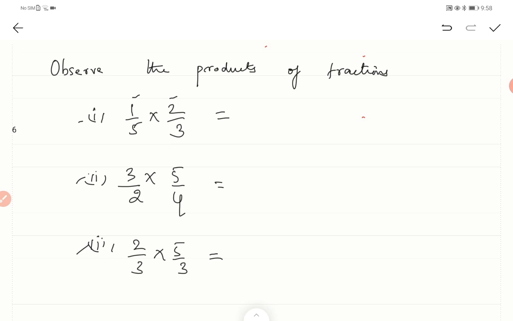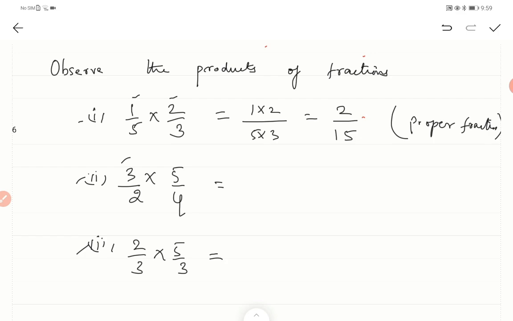So we are multiplying two proper fractions, 1 into 2 by 5 into 3, numerator into numerator, denominator into denominator. So this will be 2 by 15. These two are proper fractions.